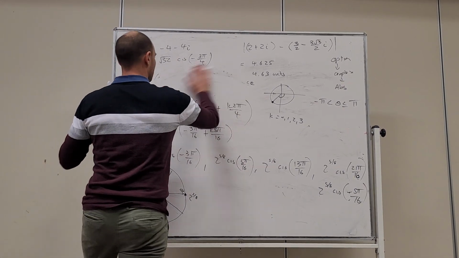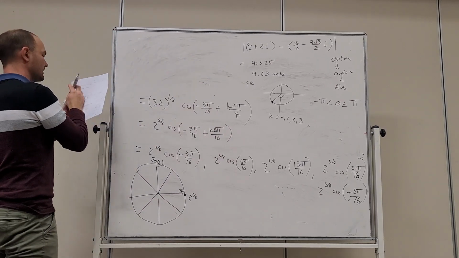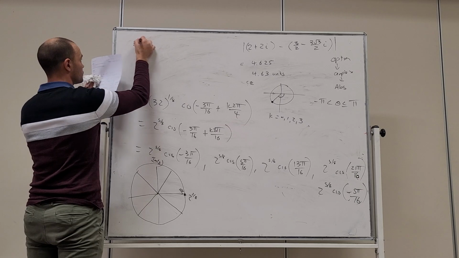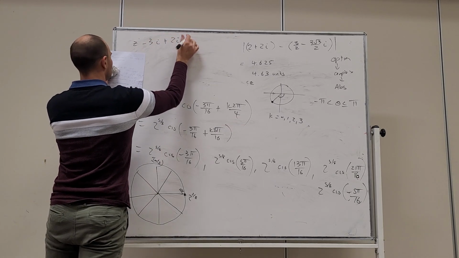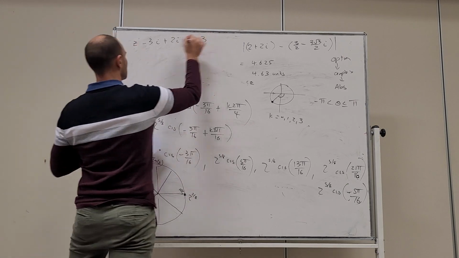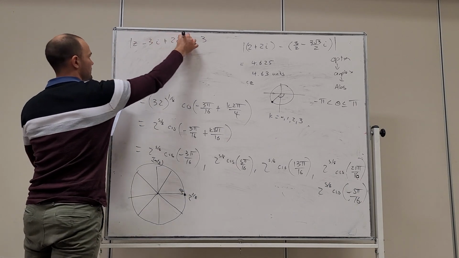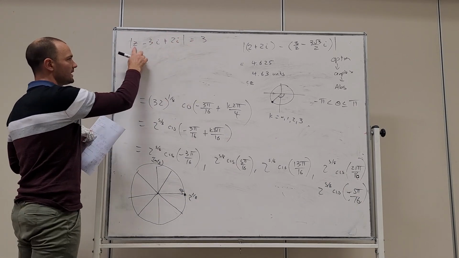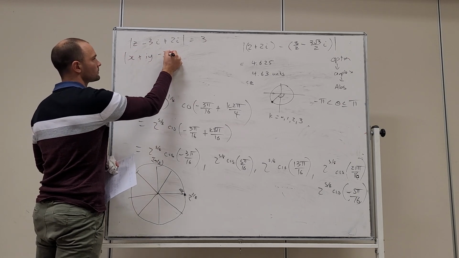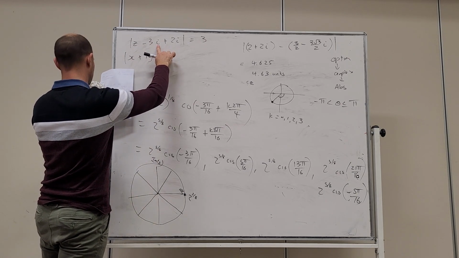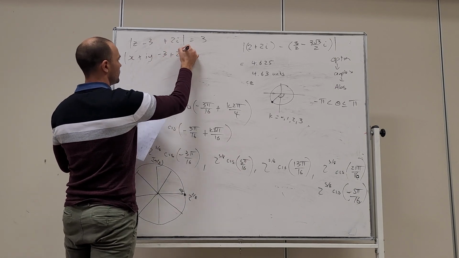So we have a complex set. We have to determine the Cartesian equation. We're not even asked to draw it, just determine the equation of this set. We know we have the modulus here, and z is some complex number x plus iy. Take 3 plus 2i.